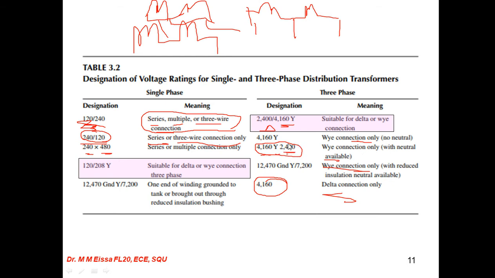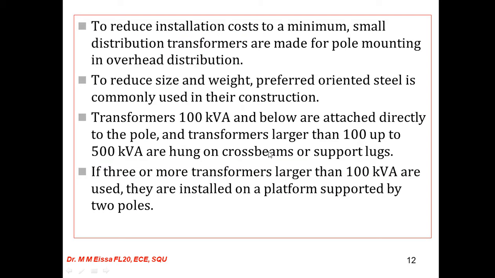If we have 12.4 grounded Y/4.2, it means we have Y connection with reduced insulation neutral available. If we have 4.2, we have delta connection only. So you have to understand what these designations mean, and how to read this notation.